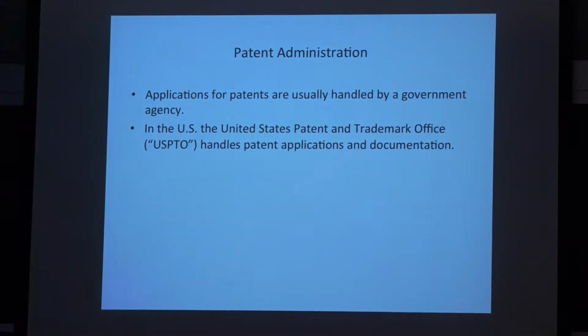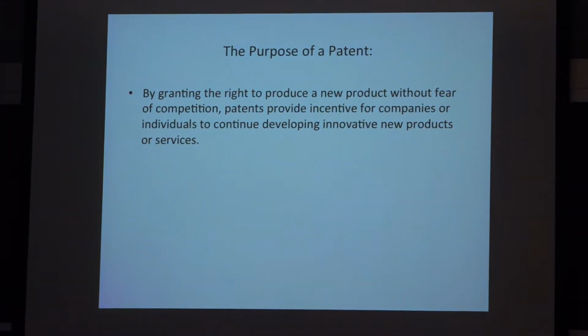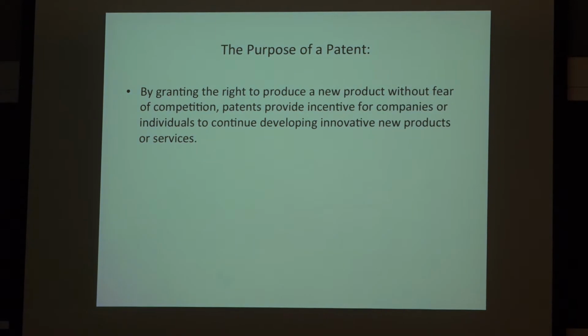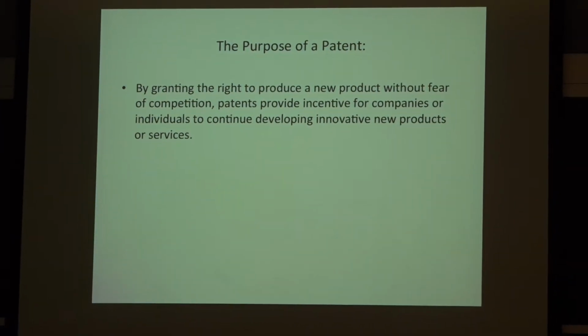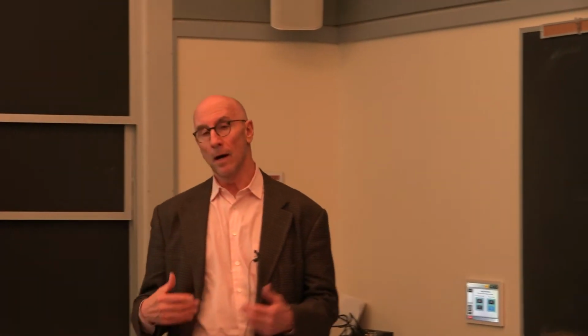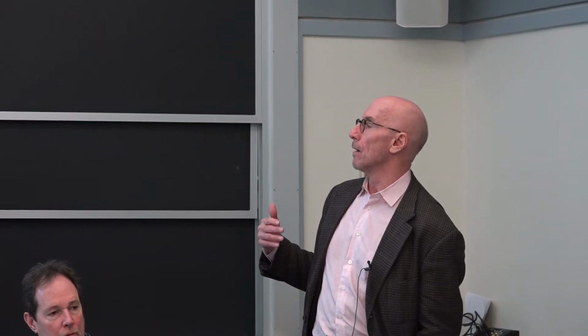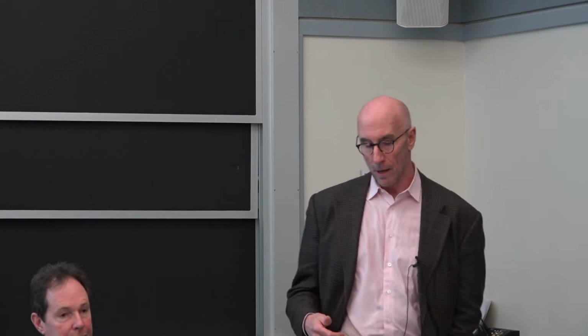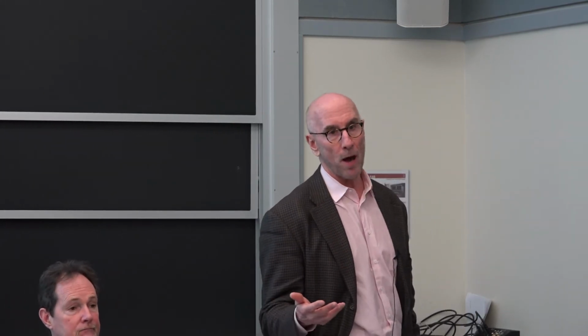The purpose of a patent, as we've discussed, is basically the same as other intellectual property rights. It's to give the inventor exclusive use over their creative work, and it provides an incentive for inventors and companies that do scientific research to control their inventions so that they can have a return, so that they can monetize it.